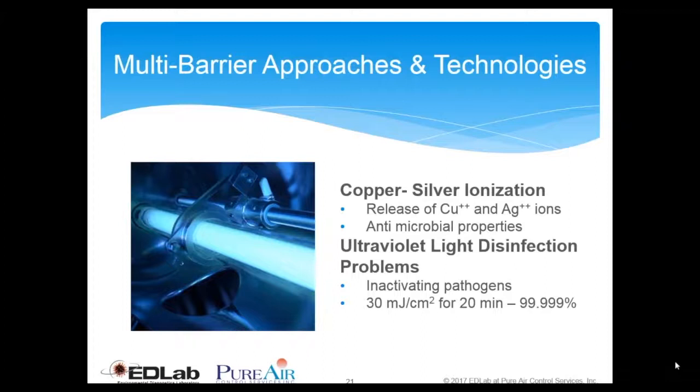The other technique by which Legionella is controlled is using an ultraviolet light source. It has been observed that 30 millijoule per centimeter square for 20 minutes is lethal to 99.999% of Legionella on the log scale. That is a very good one for inhibiting this pathogen.